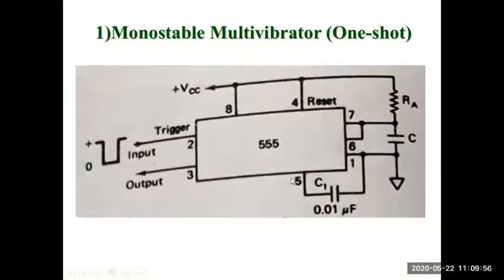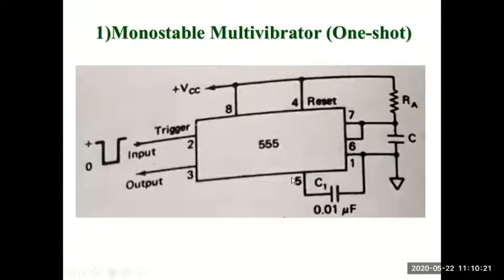Do you remember what pin 5 is? I told you pin 5 is the control voltage pin, and we use that pin only if we want to change the fixed comparison level of the upper comparator. If the level should be changed from 2 by 3 VCC to something else, then you connect a voltage at pin 5.